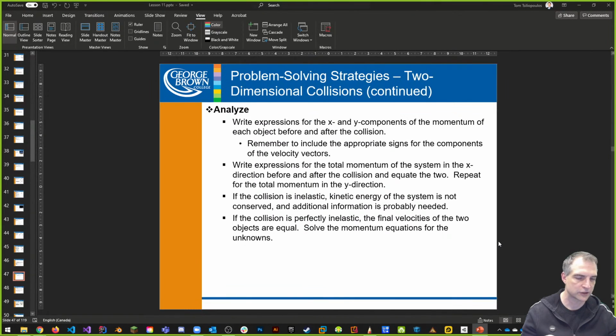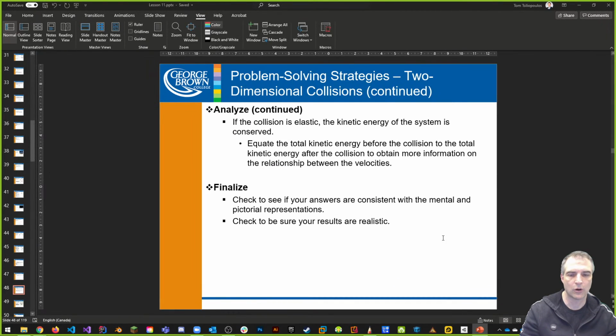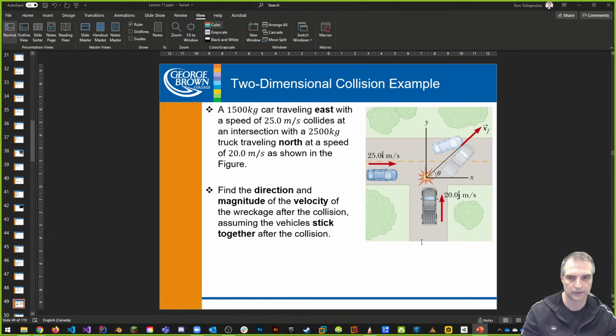We write the expressions for the x and y components separately, right? We write expressions for the total momentum of the system in the x direction before and after the collision, and then we repeat the same thing for the total momentum in the y direction. Once we have that information, we know that momentum is conserved across both coordinate spaces.